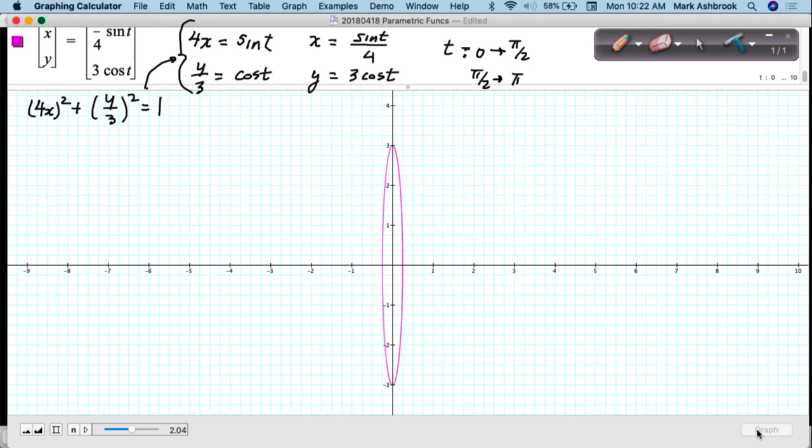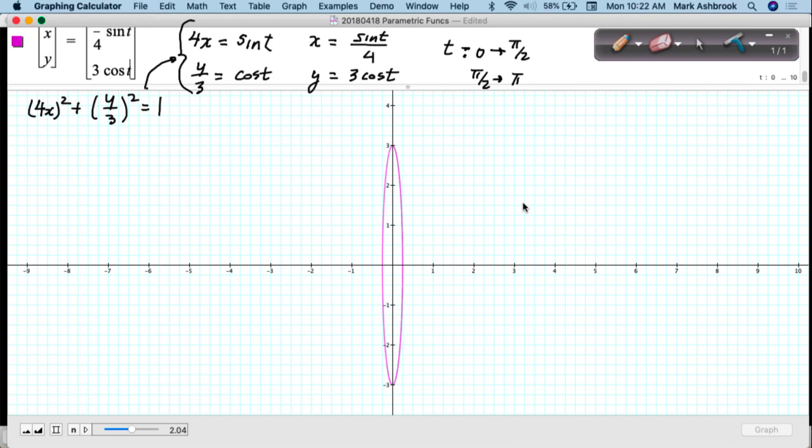Is that what we thought? Looking at that original equation, we said the x radius was 1/4 and the y radius was 3. And when I put in that parametric function that we got as a mathematical equivalent to the given equation, we get it, okay?